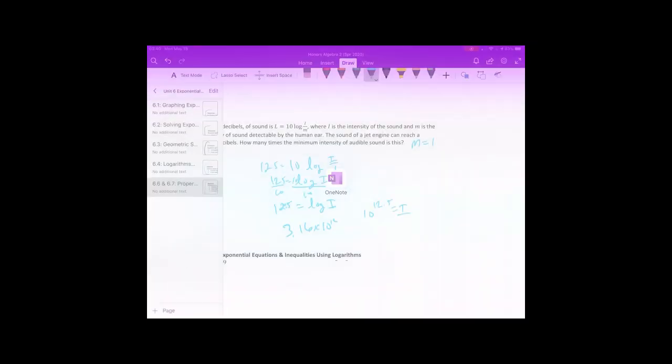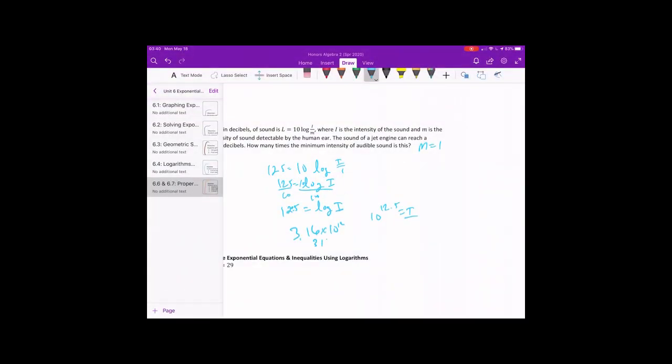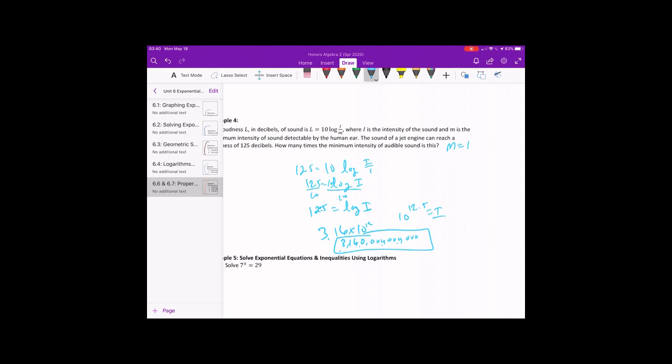If we think about what that means, it is 3 with 1, 6, and then there's obviously other decimals here, but it is 12 decimal places behind the 3. And so this is thousands, millions, billions. This is 3,160,000,000,000 times louder than the minimum intensity of audible sound. And so again, this value here is the number of times louder that it is.